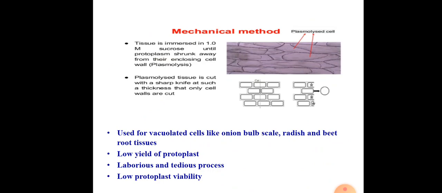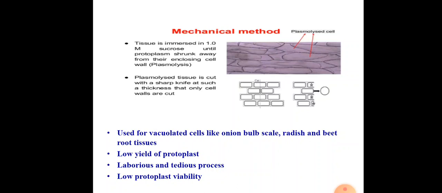In this illustration we can see the tissue is immersed in 1.0 molar sucrose until the protoplasm shrinks away from the enclosing cell wall. When plasmolysis is attained, the cell is cut using very sharp blades. It is used for vacuolated cells like onion bulb scales, radish, and also beetroot tissues.